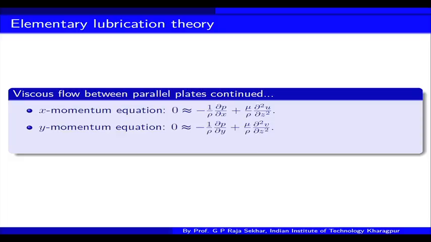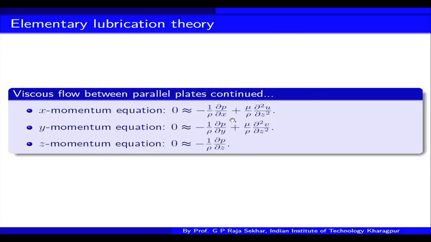So, similar to the 2D case that we have done, if you follow the lubrication approximation, what we get is the corresponding x and y momentum, you get contribution of the velocity, whereas for z you will get the corresponding pressure gradient is 0.